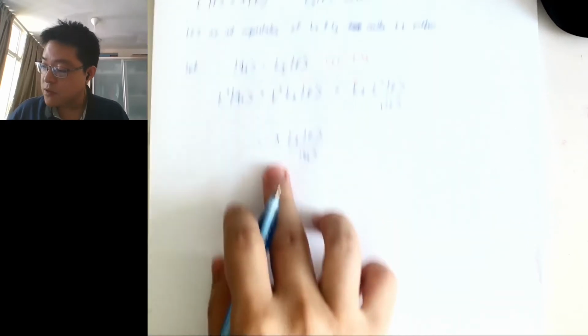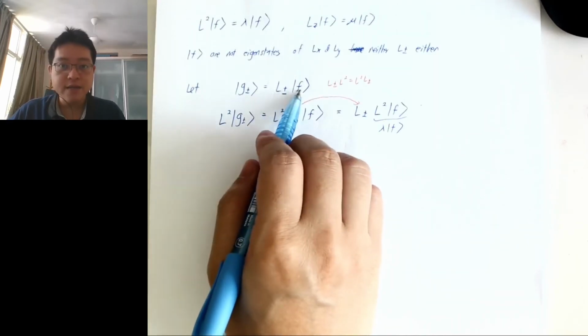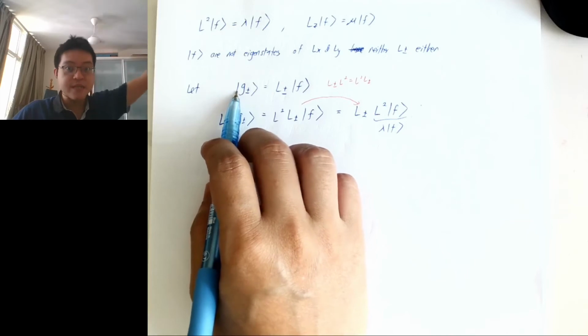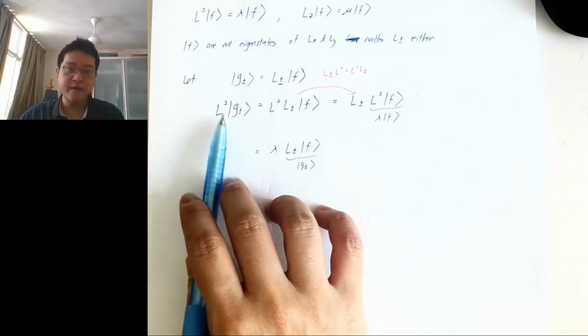Notice that if I operate on f and get a new state, this new state is still an eigenstate of L squared.